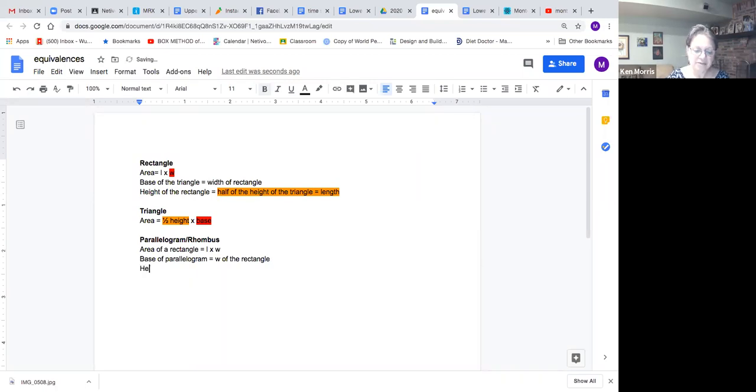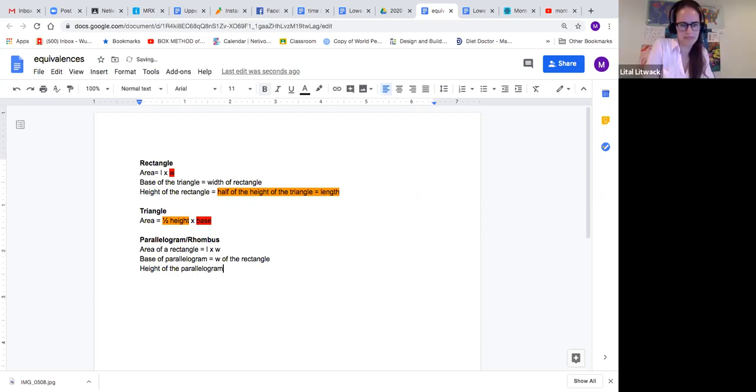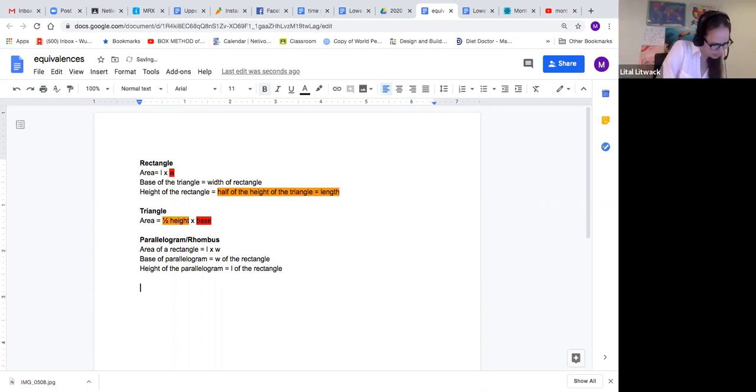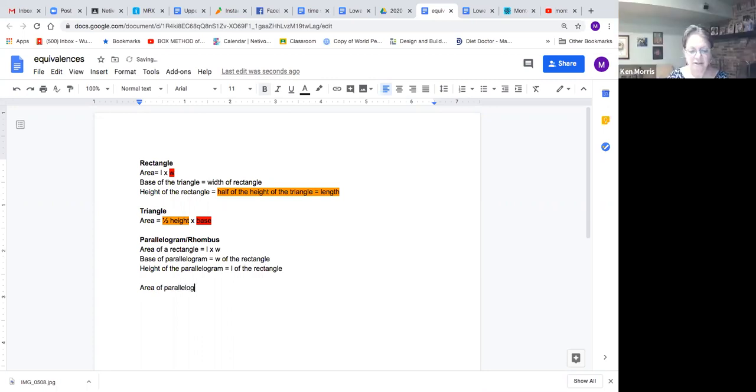And we also know that the height of the parallelogram is equal to the length of the rectangle. So we can come up with the area of a parallelogram by simply replacing length with height and width with base. Okay?